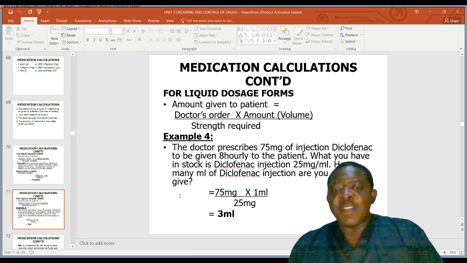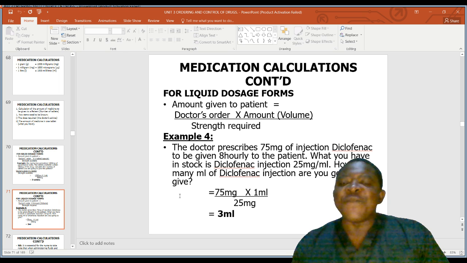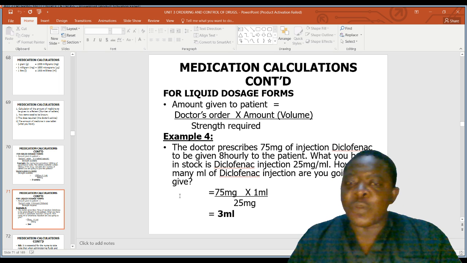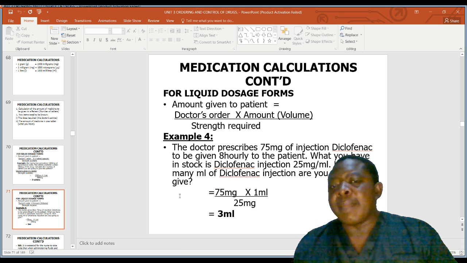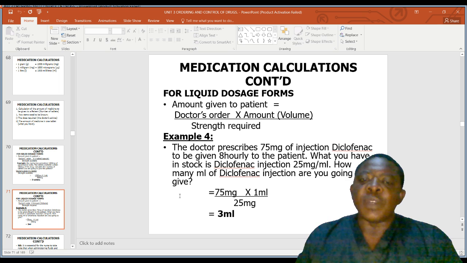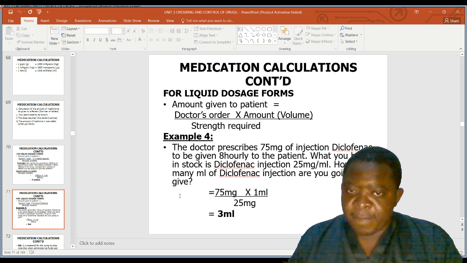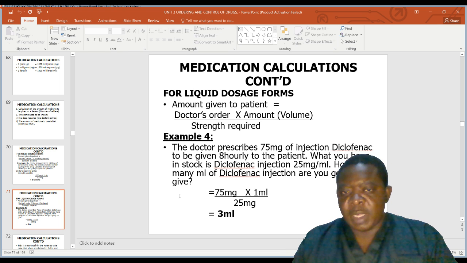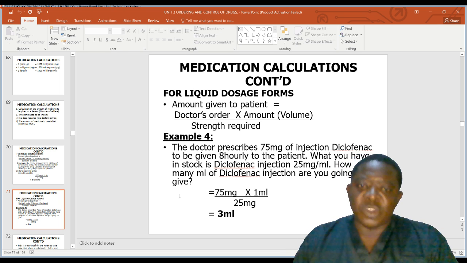Okay, so 75 milligrams times the volume. Okay, remember the volume there. 75 milligrams times volume, so volume, that is 1 ml, divided by 25. So 75 divided by 25 gives us 3 mls.